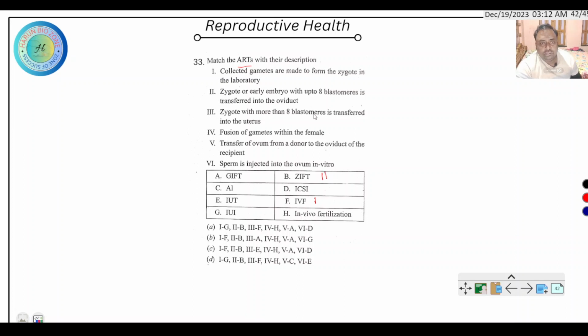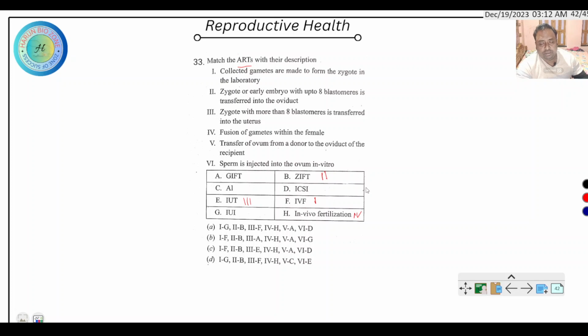Zygote with more than 8 blastomeres is transferred into the uterus. Uterine transfer, that is IUT, number 3. Fusion of gametes within the female, the in vivo fertilization, is number 4.